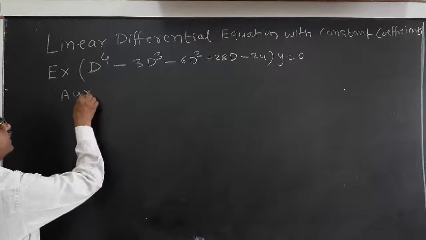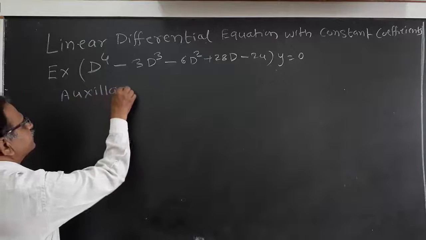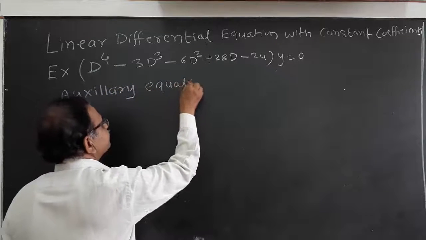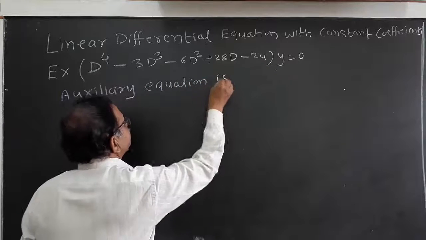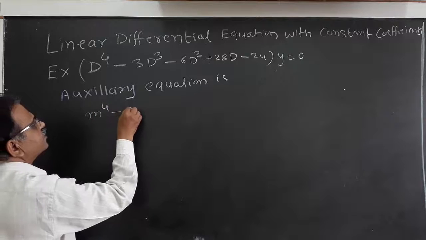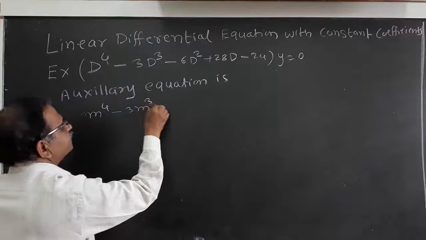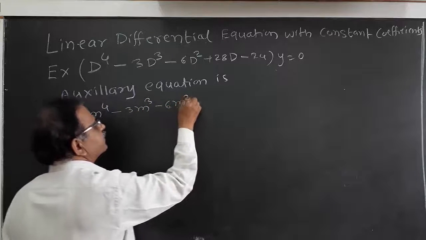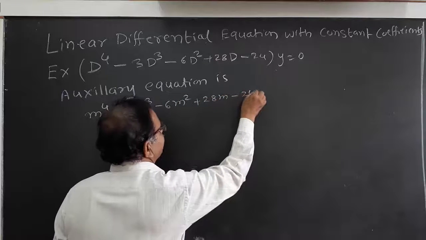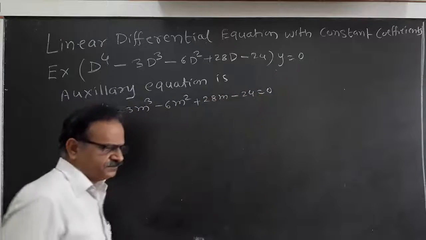Auxiliary equation is m raised to 4 minus 3m cube minus 6m square plus 28m minus 24 equal to 0.